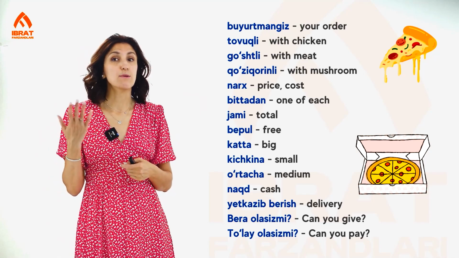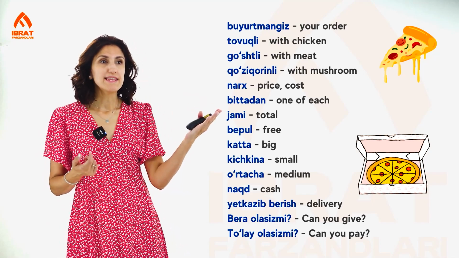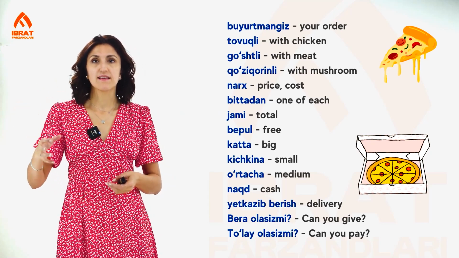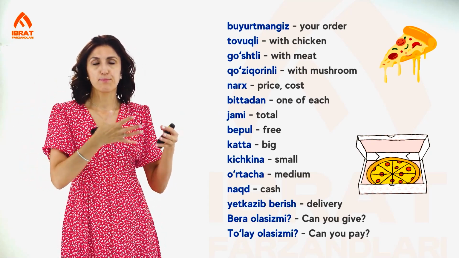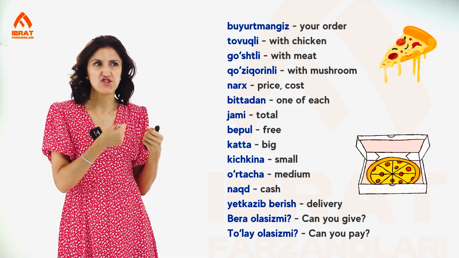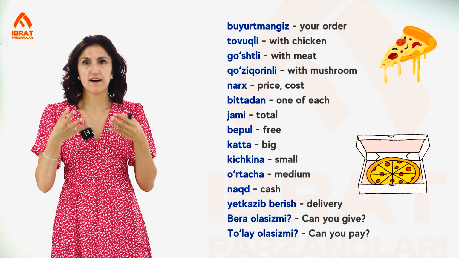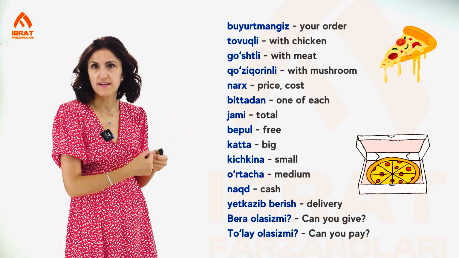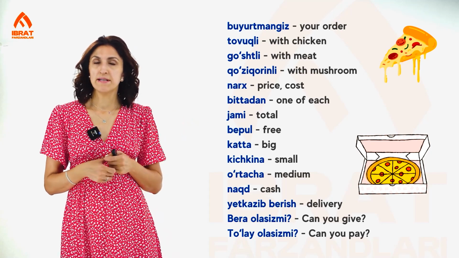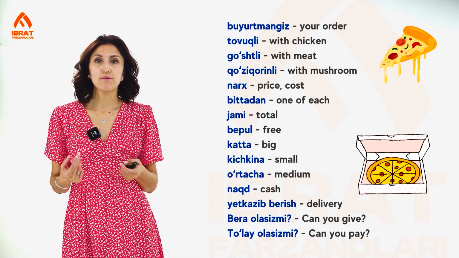Narx is price. Bitta is one piece. Bittadan is one piece, like I take one of each, one of this kind, one of this kind, one of this kind. So bittadan. Jama, total. Bepul, free.